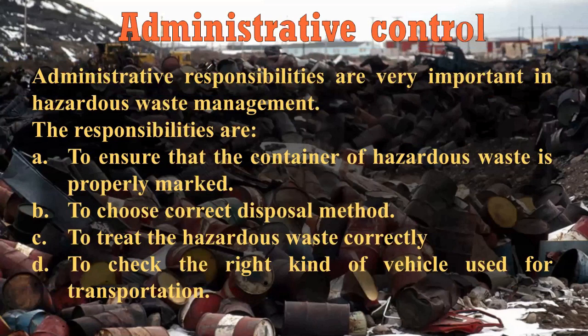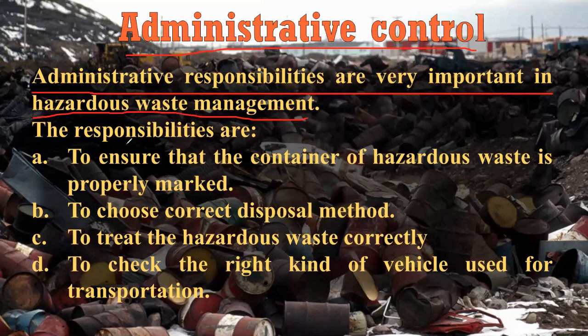Now, administrative control. How should the administration have control on the generation of waste? See, administrative responsibilities are very important in hazardous waste management. These responsibilities are to be done by the management itself, to ensure that the container of hazardous waste is properly marked. So marking is very much important.